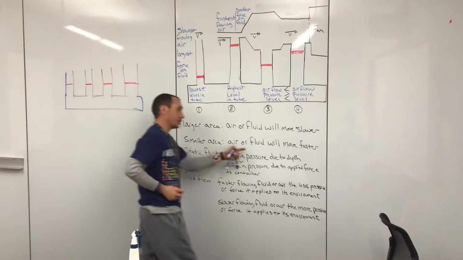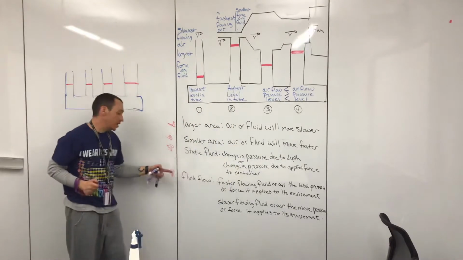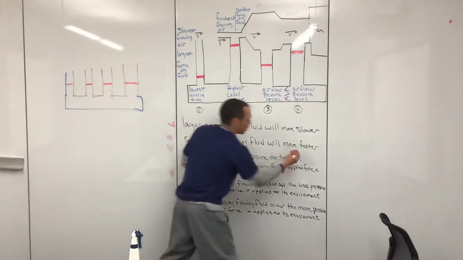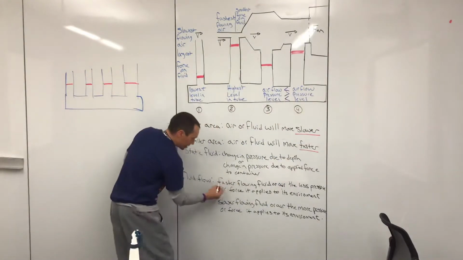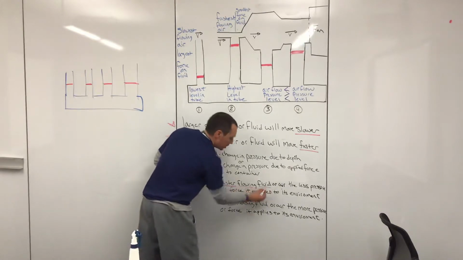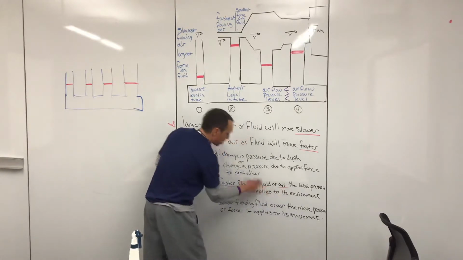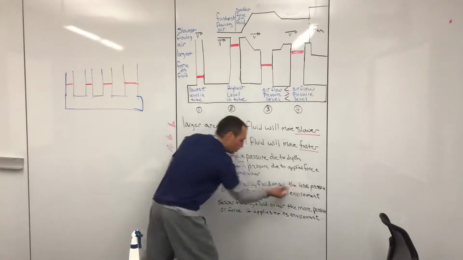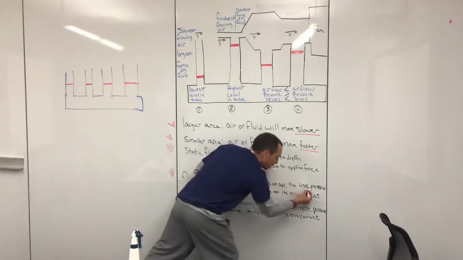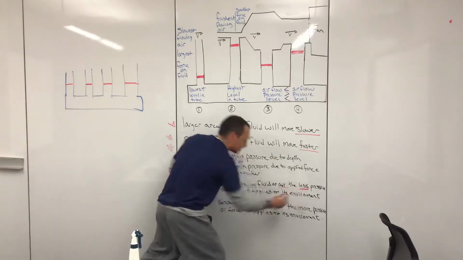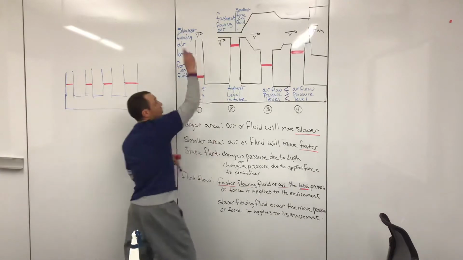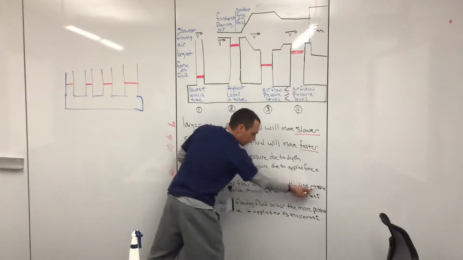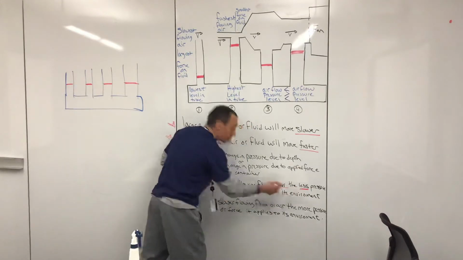That's what's important to know here, because we know something about fluid flow. The faster the flowing fluid or air, the less pressure or force it applies to the environment.